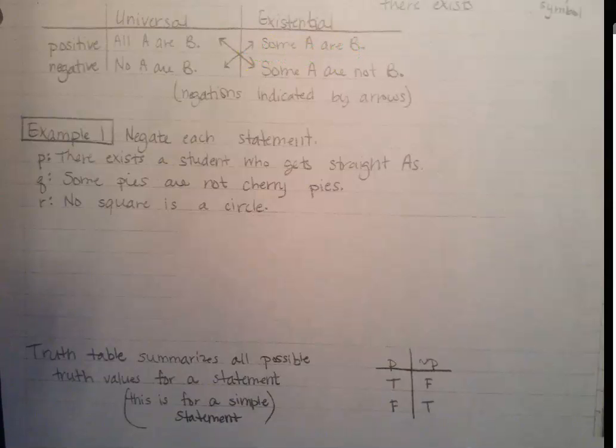It's an existential. If we want to negate it, we need to follow the arrow and write it like this. So the negation of P, or not P, because this one's labeled P. Are we good with this?